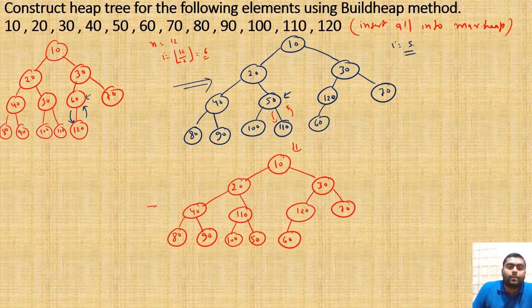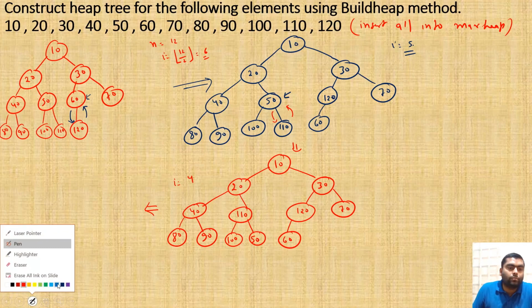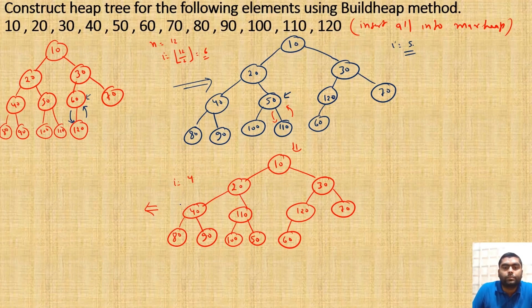Okay, now next for i equals 4. What is 4? This particular place. So now let me do it for the fourth also. It is not a max, so just swap with this value. So what you will get?